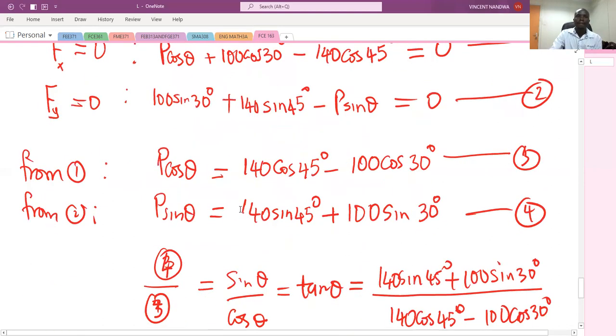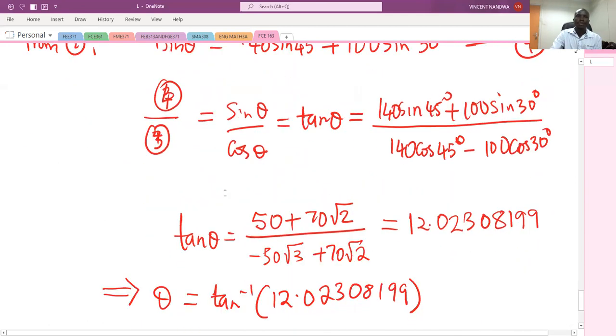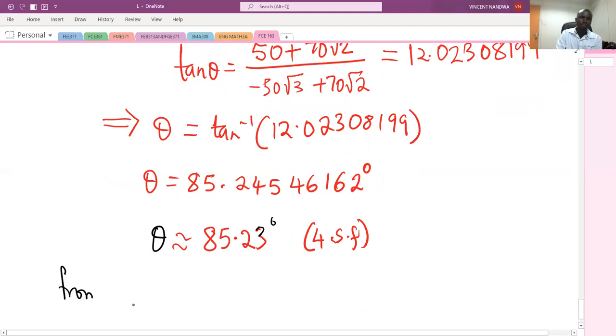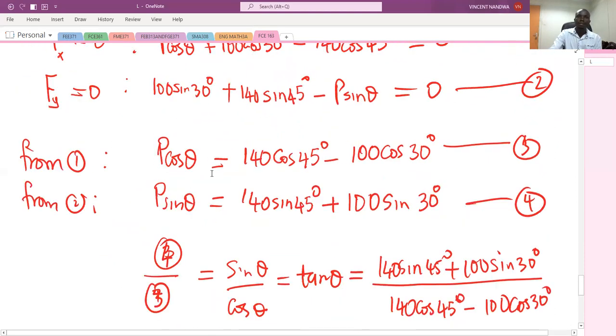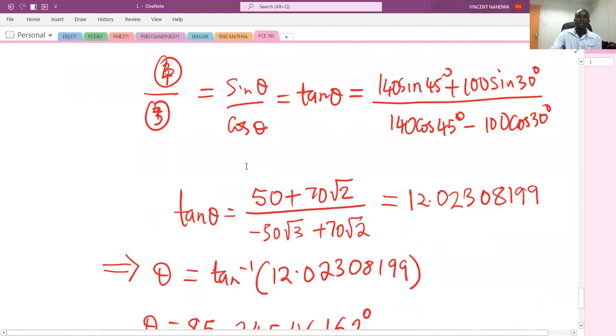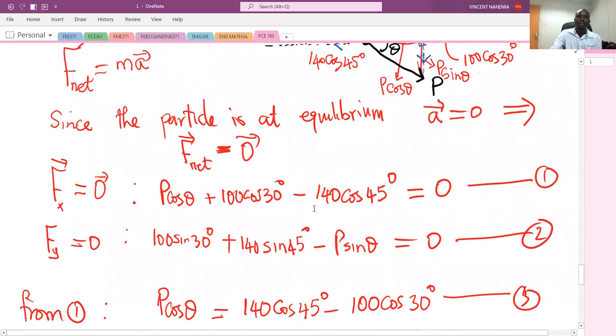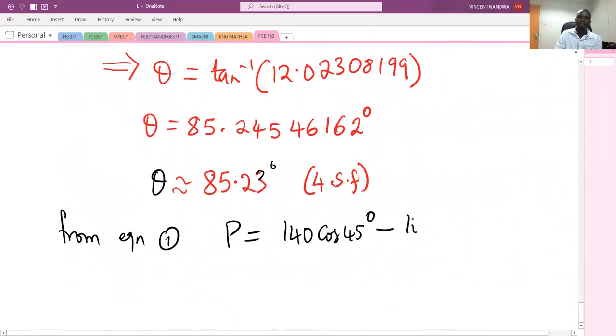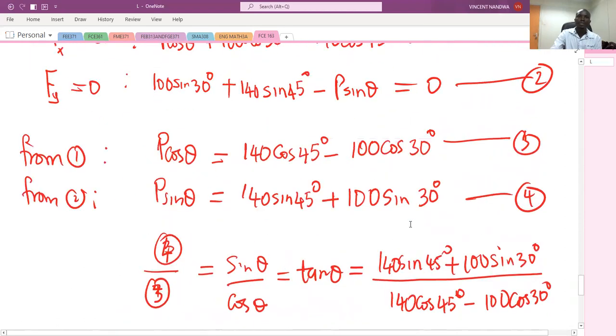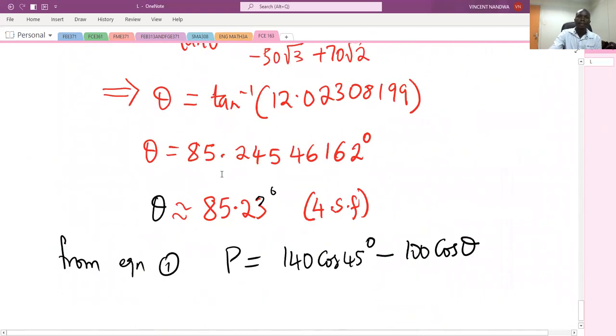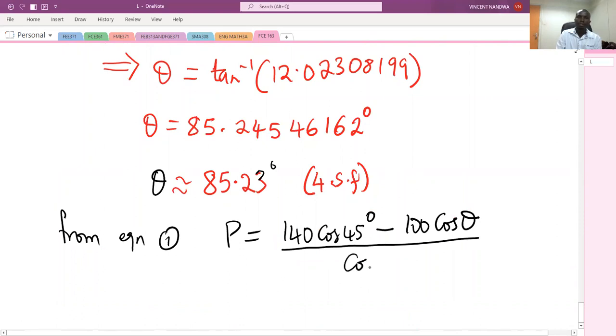So from equation 1, P will be given by 140 cos 45 minus 100 cos 30, and because of this, I need to divide through by cosine of theta. The angle theta here is 85.23 degrees.